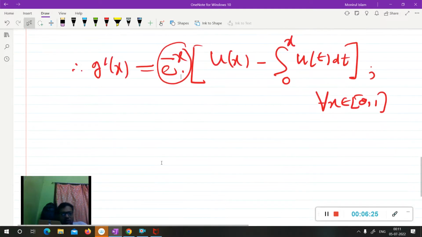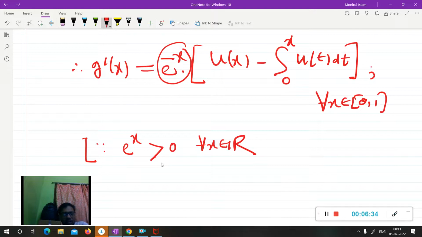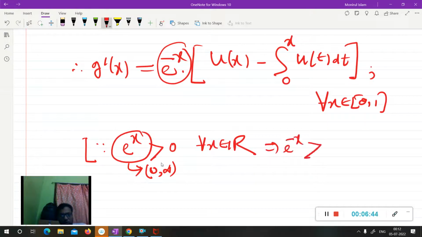Since e to the power x is positive for all x belongs to R, its range is open 0 to infinity, so it is always positive. So e to the power minus x will also be positive for x belongs to R.